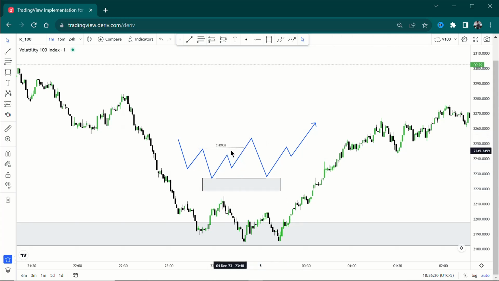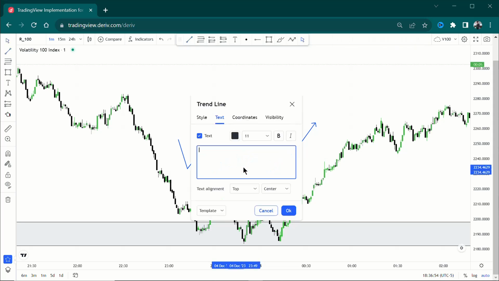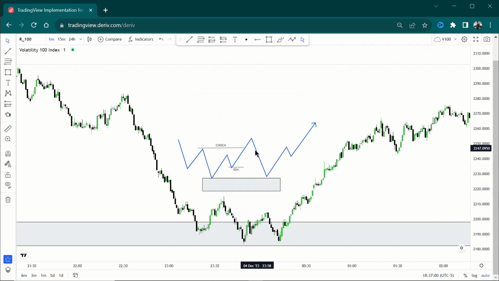And then what you are looking for before you enter, the moment you see a change of character up there, look for inducement. If there's inducement here, then you're okay. Just wait for this inducement to be cleared here. Inducement cleared. This is your inducement.